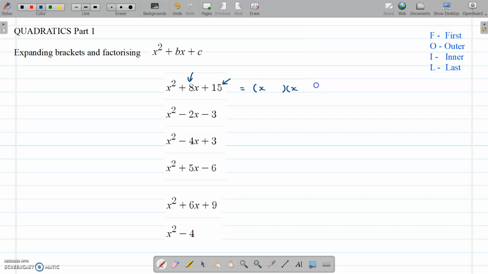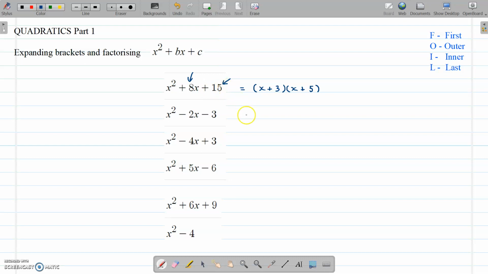Okay, and then the factors of 15 that add to give me 8 are 5 and 3. And because they're both plus signs here, we can be confident that 5 times 3 is 15 and 5 plus 3 is 8. That is the full factorization of that quadratic expression there.